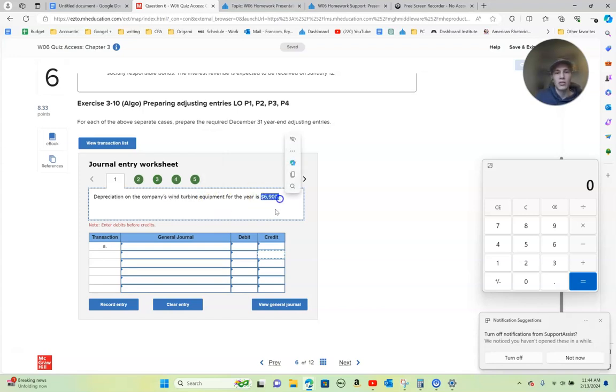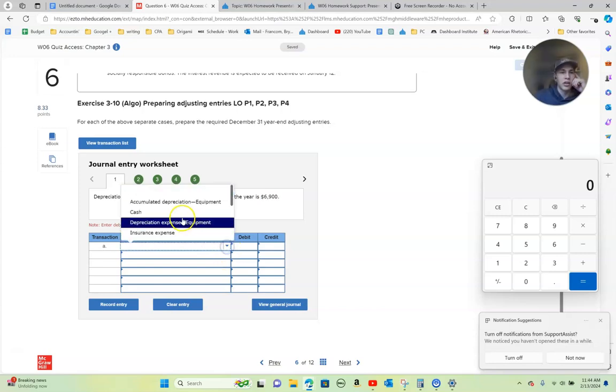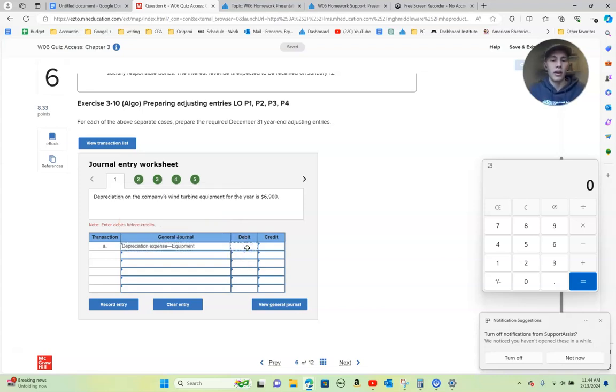And that came out to 6,900 for this year. So we want to expense the 6,900 that was lost during this year due to depreciation. So since that is an expense from the depreciation, we're going to be choosing this one. And expenses are a debit, which we will put first for $6,900.